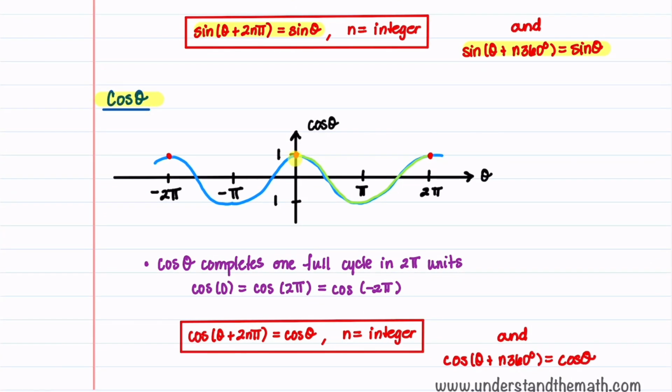Cosine theta also completes one full cycle in 2 pi units and repeats when you add or subtract 2 pi. We can write the cosine periodicity identity in terms of radians or in terms of degrees.